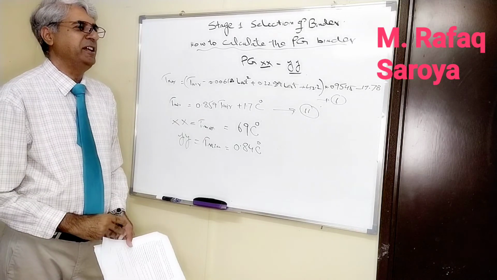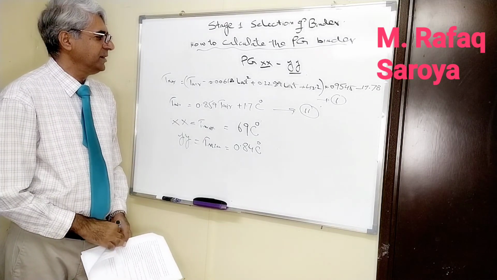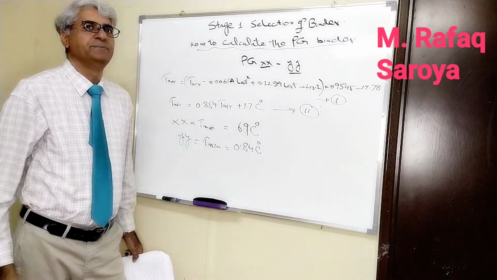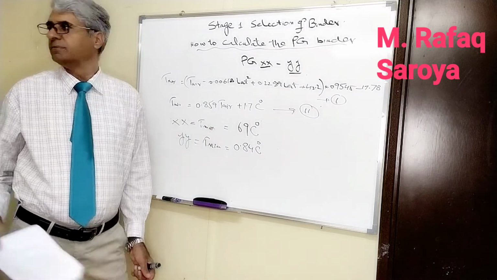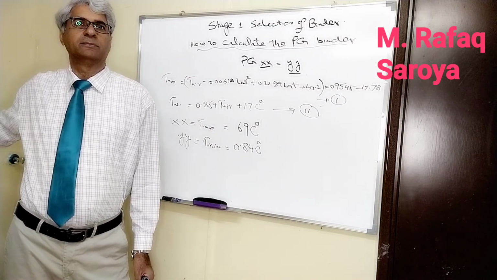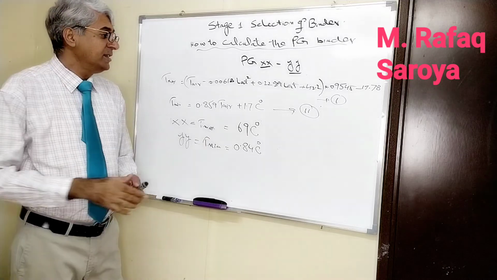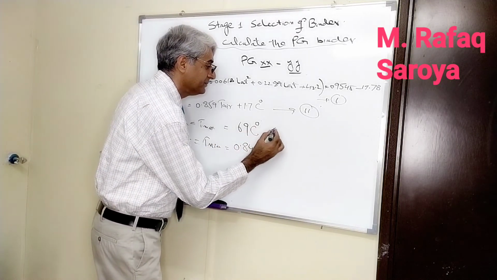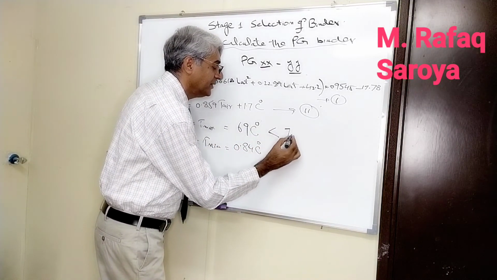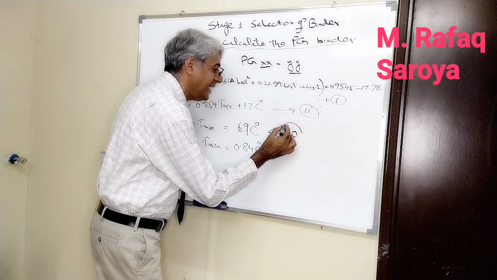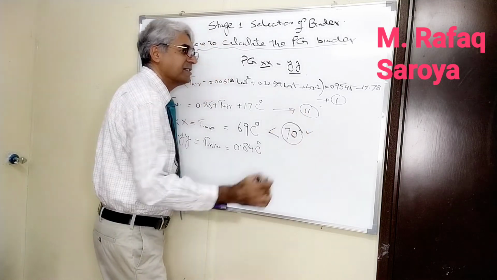Keep one thing in mind: this 69 is less than 70, so my acceptable higher temperature is 70 Celsius.